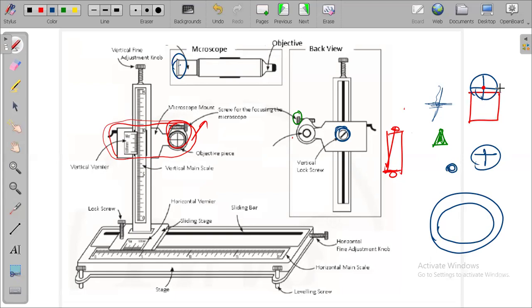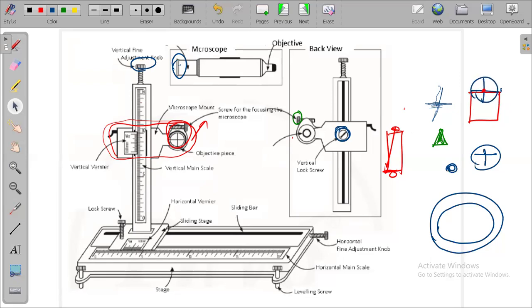When it comes to somewhere like this, you have to use the vertical adjustment knob for moving it up or down, and the horizontal adjustment knob to move it to the left or right. Now imagine you want to move it down, as it appears downward.